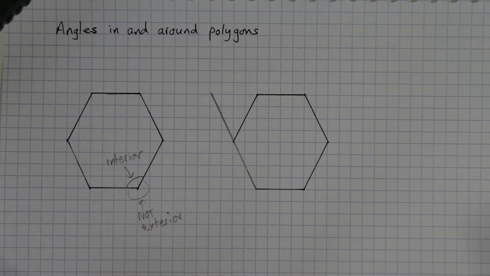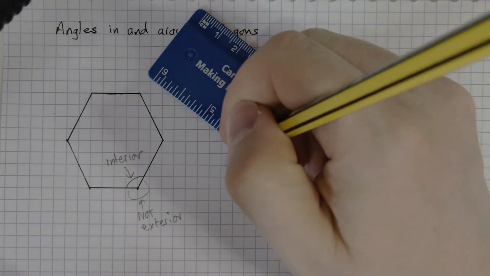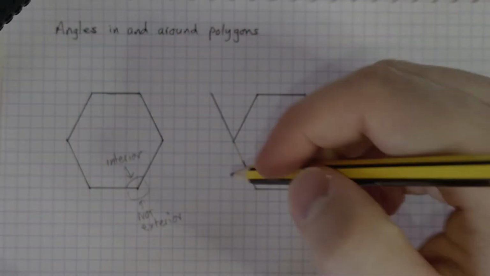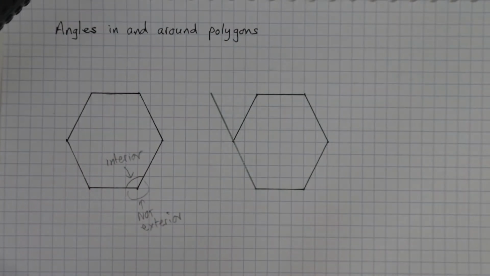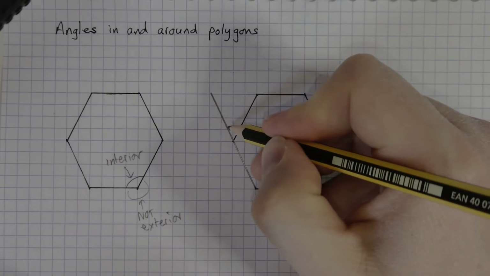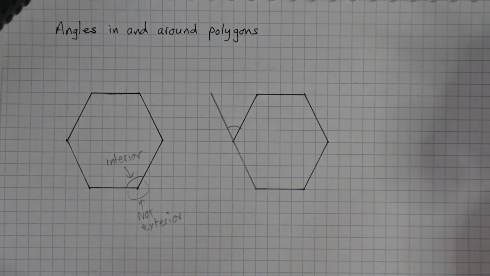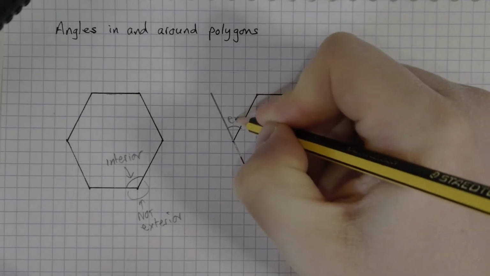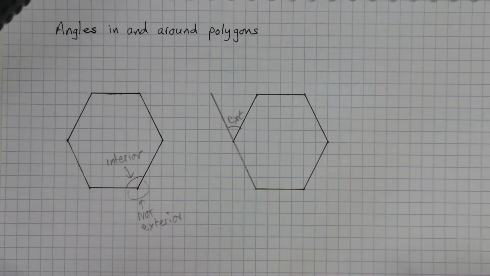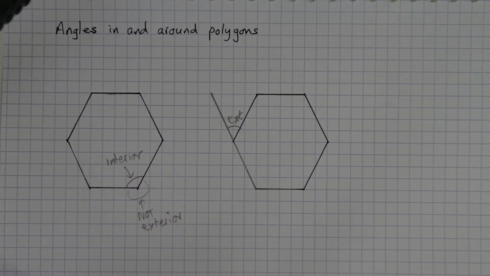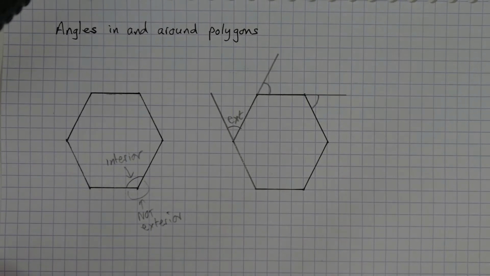What I haven't done is just extended it any way I like, made it a bit longer that way. It must carry on in the same direction. That there is an example of an exterior angle. Strange, right? So it's where you need to extend a line and then find the angle it makes with the next edge.